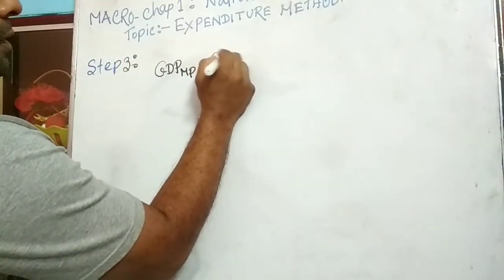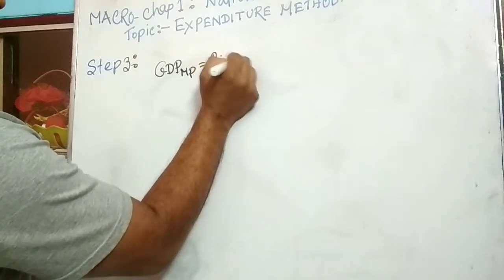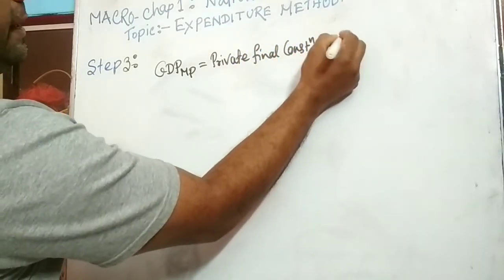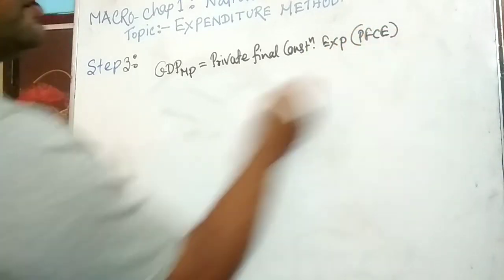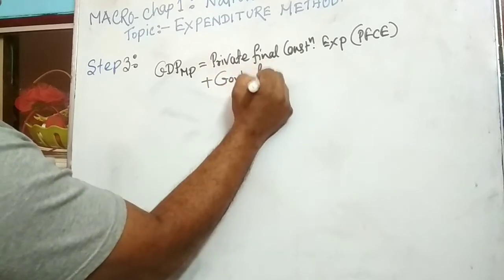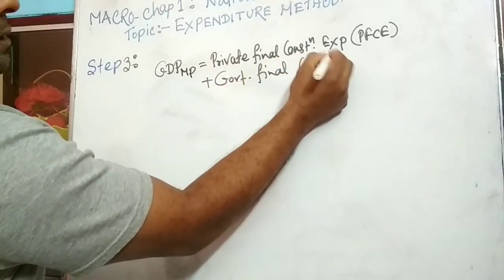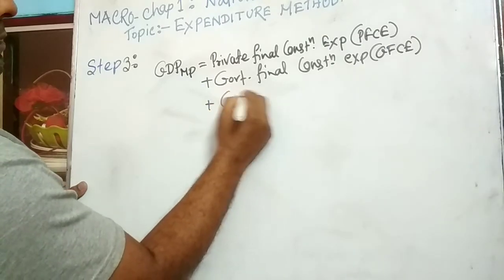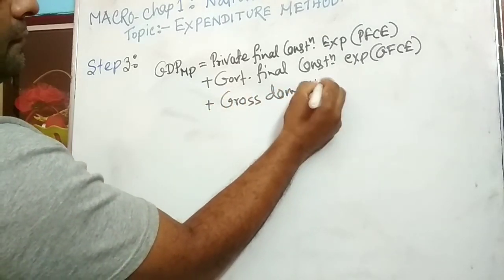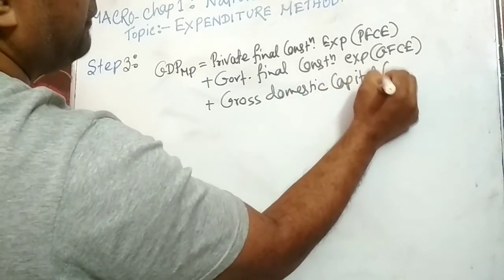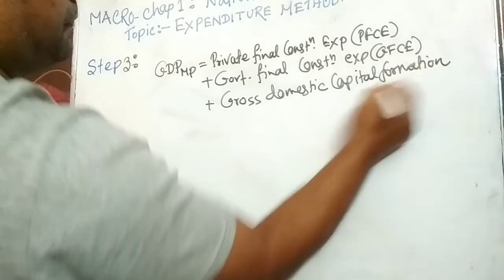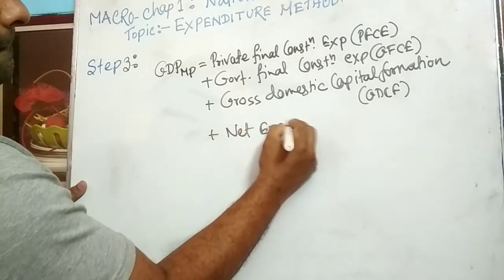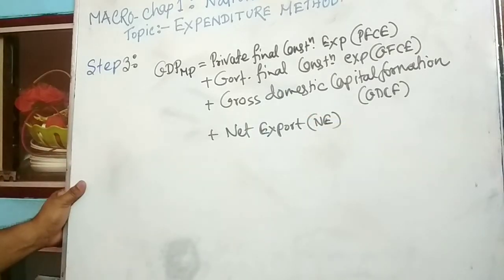First, private final consumption expenditure, plus government final consumption expenditure, plus gross domestic capital formation, GDCF, plus net export, NE. We get GDP market price.